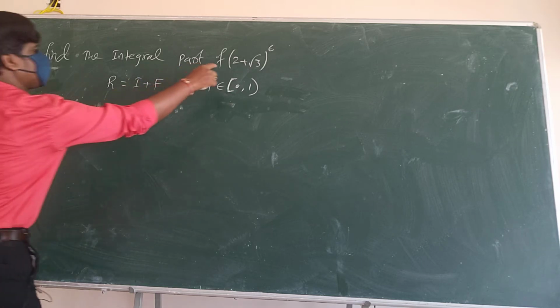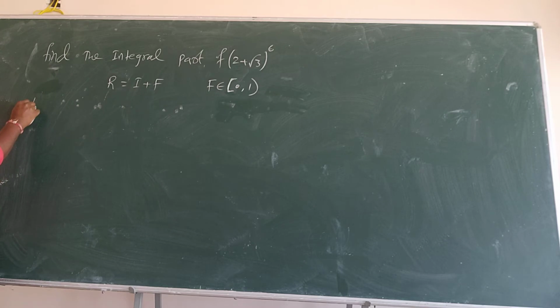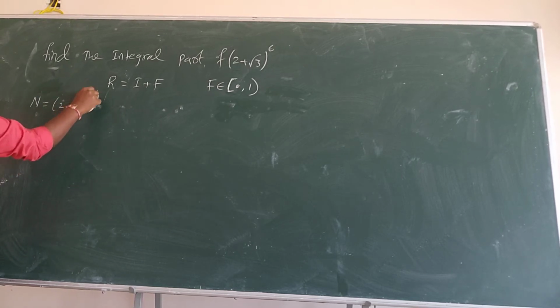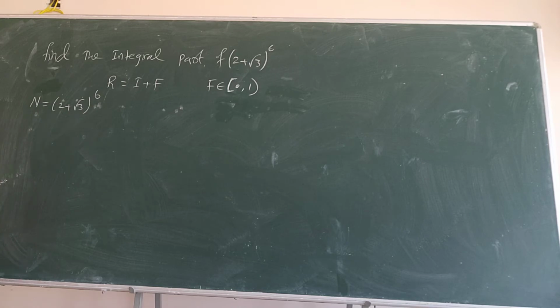So I am taking n is equal to (2 plus root 3) to the power of 6. I can write this as I plus f.